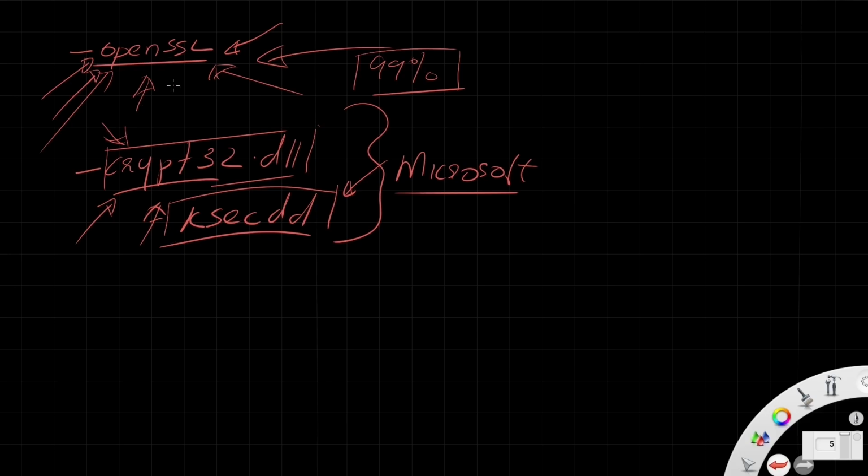Now, most of the training we will be using OpenSSL, but I'll be showing you a couple of commands from crypt32 as well. We will not be analyzing if it is coming from crypt32 or not. It's not part of the training, but for most practical purposes we will be ignoring crypt32. It's a pretty old implementation, probably slightly older than OpenSSL. Not sure about the history, doesn't matter. So crypt32 is a very famous library.